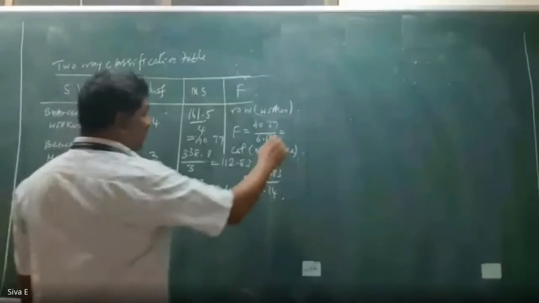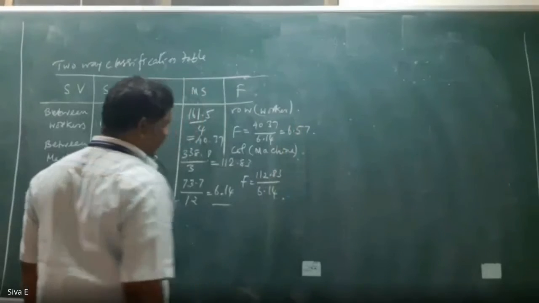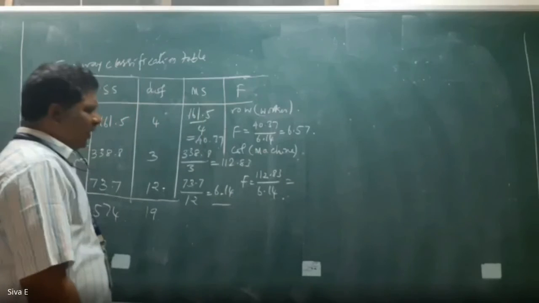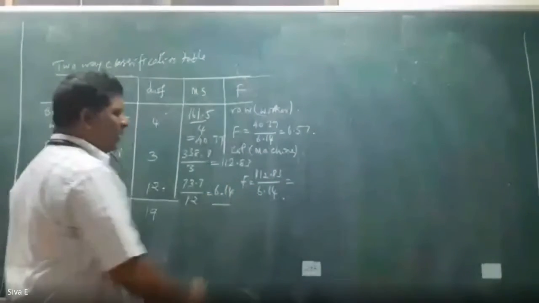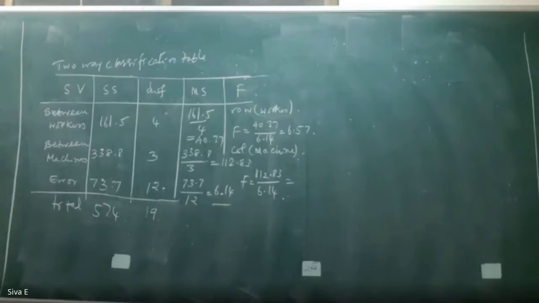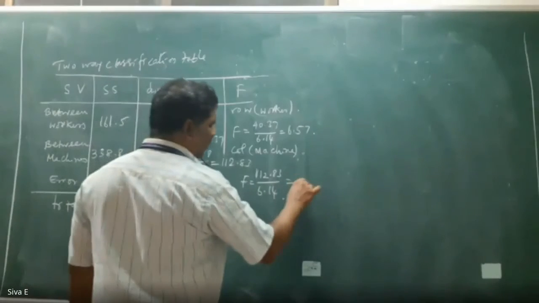For workers, it is 6.57. For machines, 18.37.